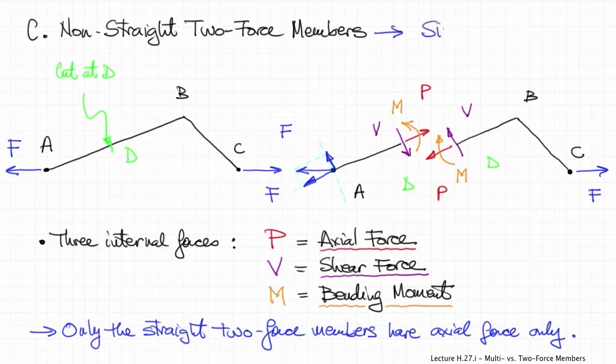So from this point of view, the non-straight two-force member is actually similar to a multi-force member because it has the same three internal forces like the multi-force members do.